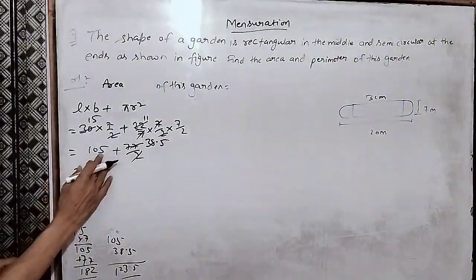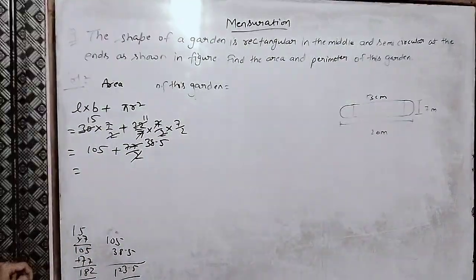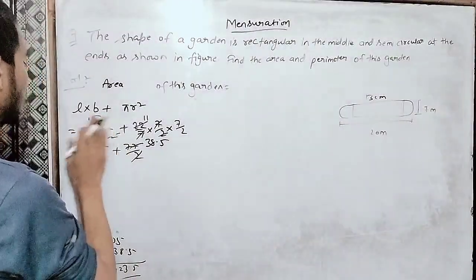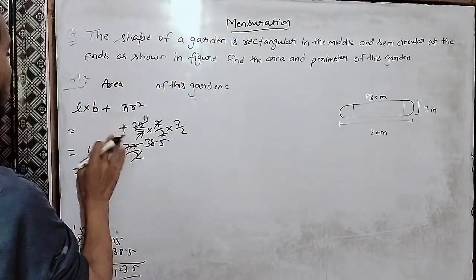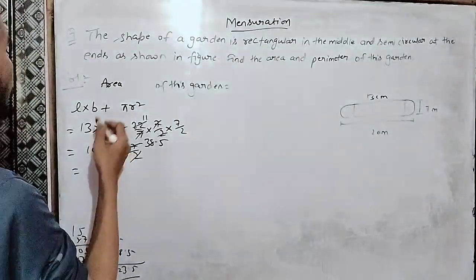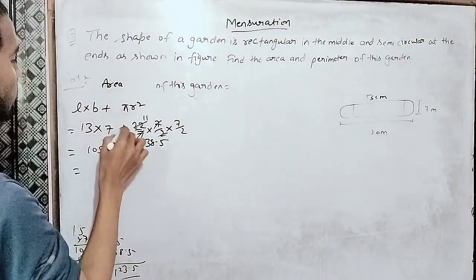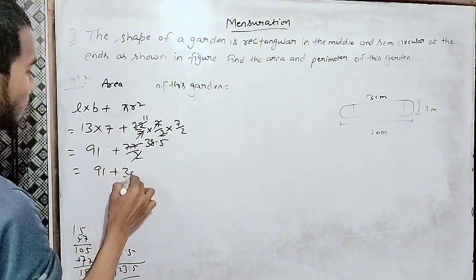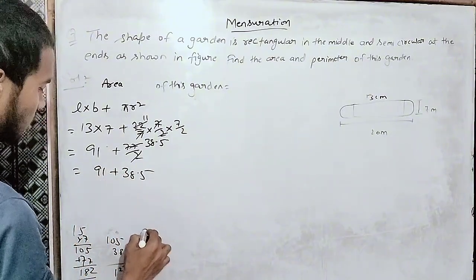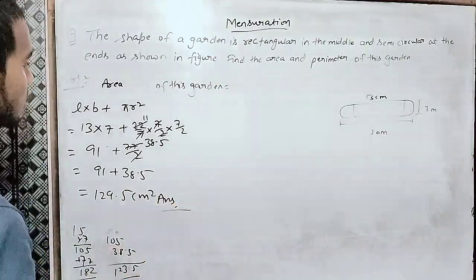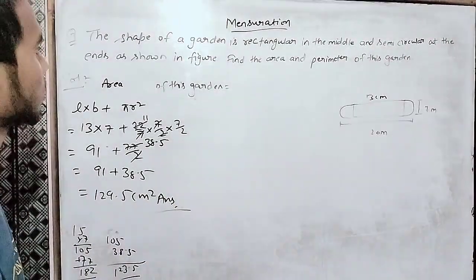L is 13 and B is only 7, so that is 91. Then 91 plus 38.5 will be 129.5 centimeter square. That's it.